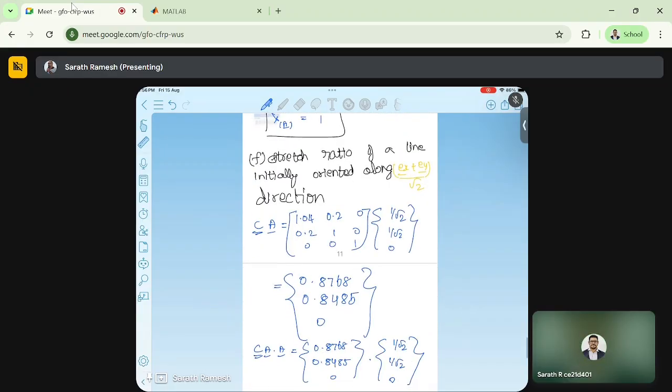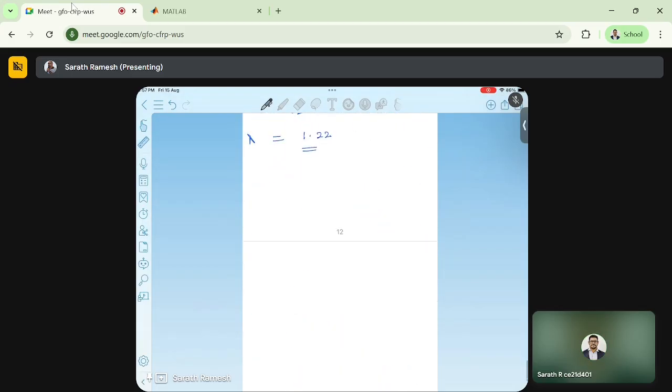And next part of the question, part G, we have to find the engineering strain of a line initially oriented along the EY direction of length 1 mm located at 0, 0.5, 0.5.